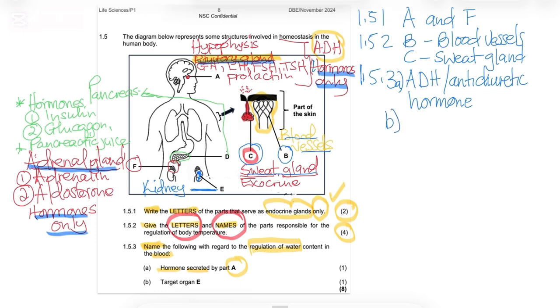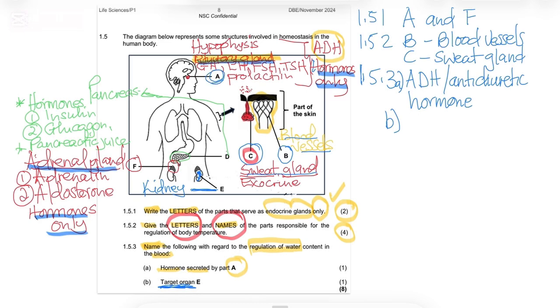Part B is asking for the target organ E. We have already identified E as the kidney, but let's just talk about what we mean by target organ. It is a target organ for the hormone that is secreted by the pituitary gland.